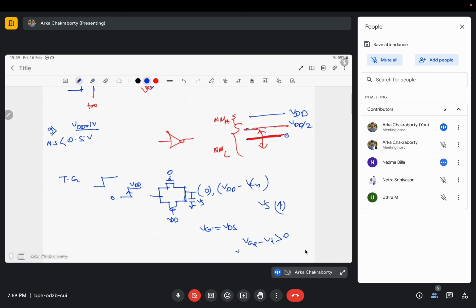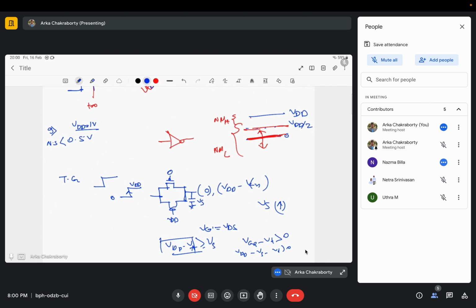VG is VDD, so VDD minus VS minus VT should be greater than 0. So VDD minus VT should be greater than VS. So my VS cannot cross this VDD minus VT value. Simple calculation. If you have any confusion, you can simply write a mail to sir that simple logic is suggesting this.